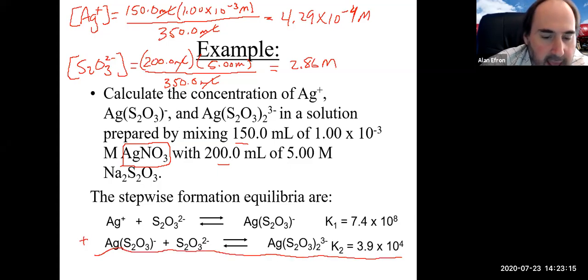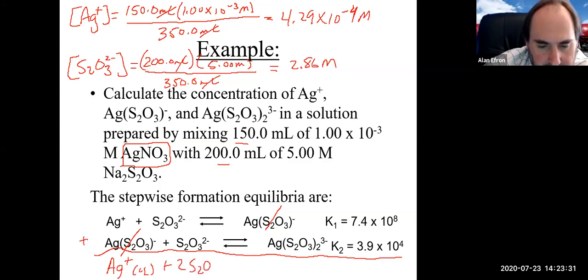There we go. And what I'm going to do is add these together. So again, opposite sides will cancel. That will leave us the overall reaction, which is the silver plus a couple of these ligands coming together, giving us our complex ion here, which are silver.